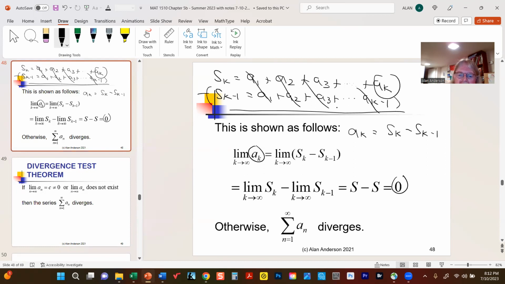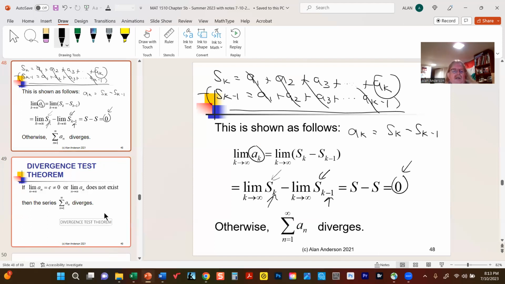In other words, by taking the limit of a_k, if it gives us something other than 0, which is equivalent to saying that these are different from each other, then the series diverges. But if we have 0, meaning that these are equal to each other, that means they are convergent. In the limit, that is. This is all in the limit.